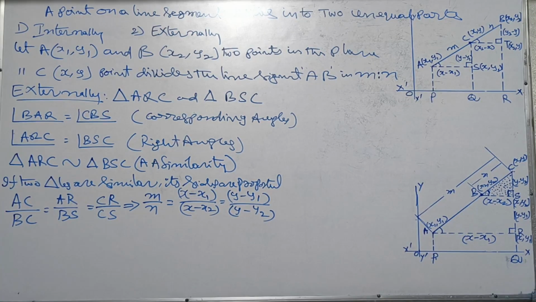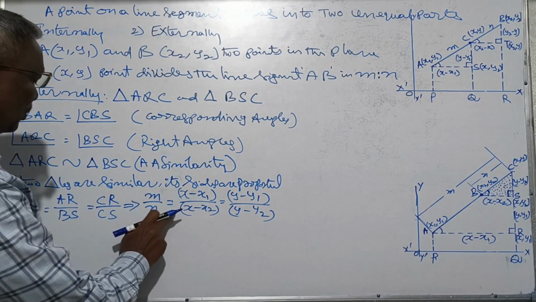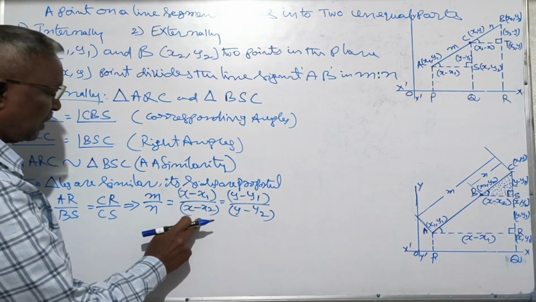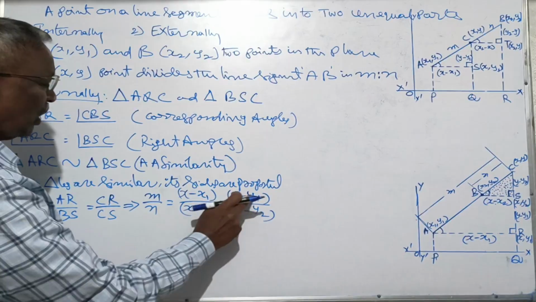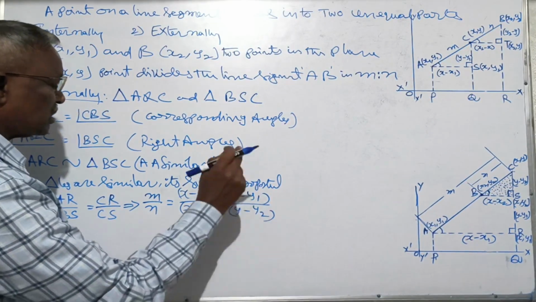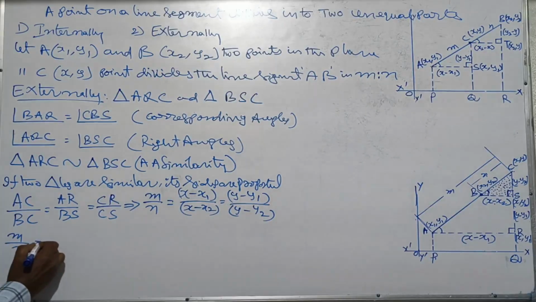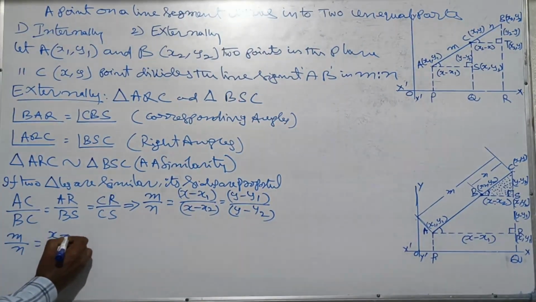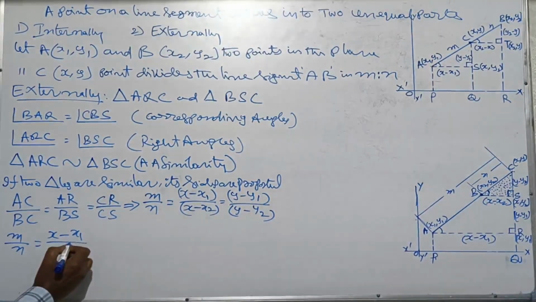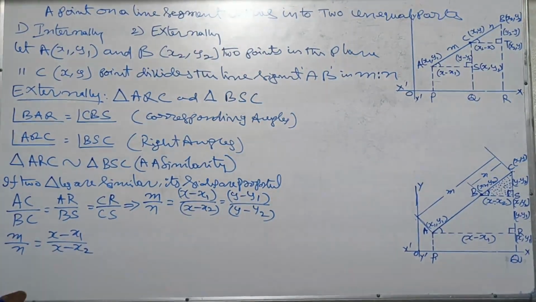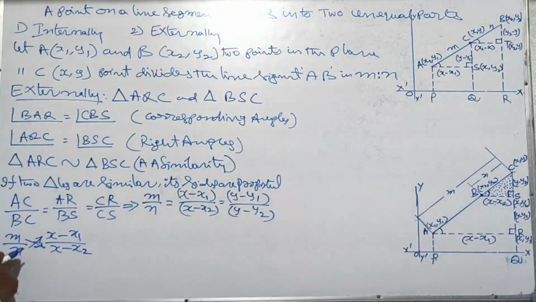So m by n is equal to x minus x1 by x minus x2, and y minus y1 by y minus y2.